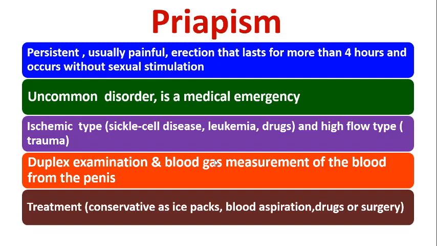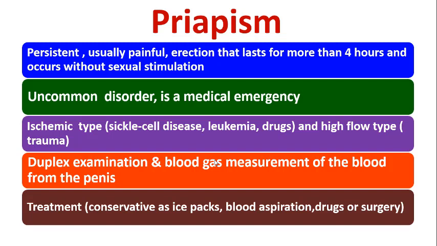The condition can be diagnosed with color duplex examination of the corpora cavernosa or blood gas measurement of the blood from the penis. Blood gas measurement can help to differentiate the ischemic type from the high flow type.